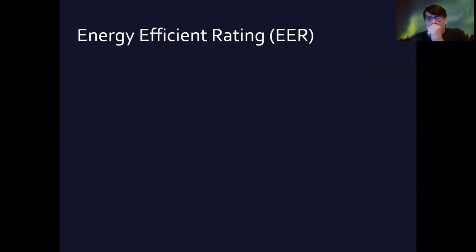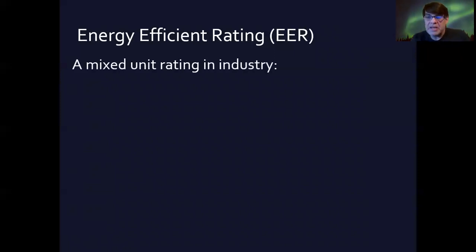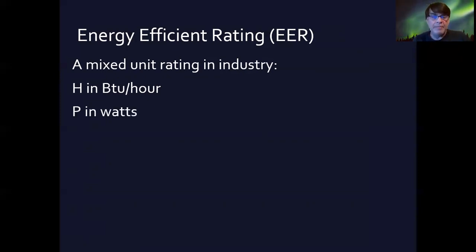Now, air conditioners often have an energy efficiency rating, or an EER, when you get an air conditioner. From a science standpoint, it's a mixed unit. It's like BTUs per hour per watt. Well, these units do not match.